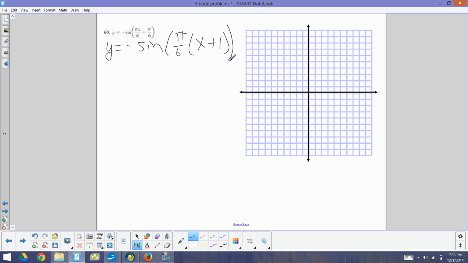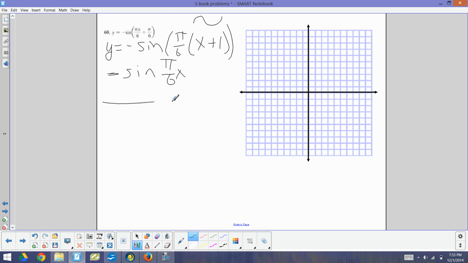So now I want to figure out what the points are just for that. So remember, the original sine graph looks something like that. But it's a negative, so instead of going up, it's going to go down.